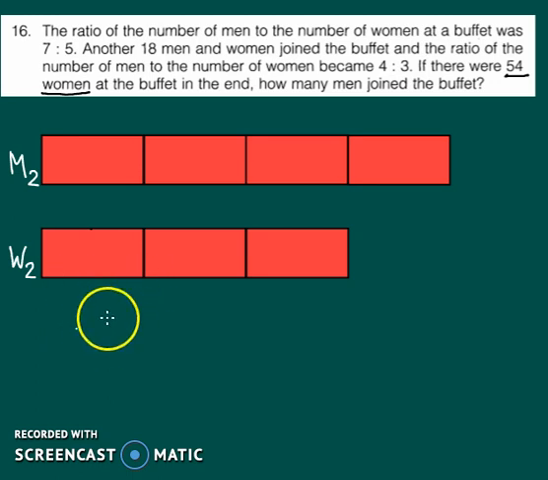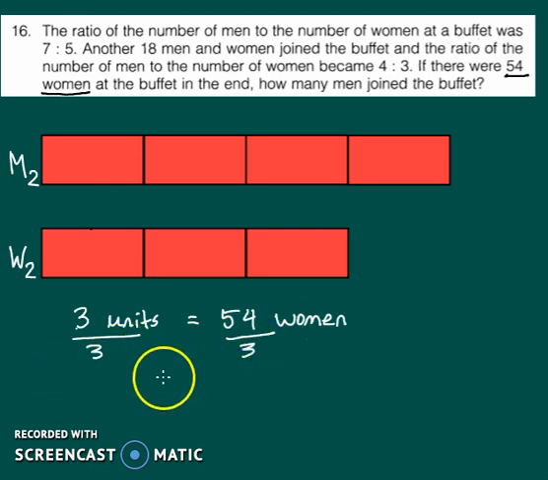So if we know that there are 3 units representing women, and we are told 54 women, how many women, or rather people, are represented by 1 unit? Let's divide both sides by 3. So 1 unit contains 18 women.